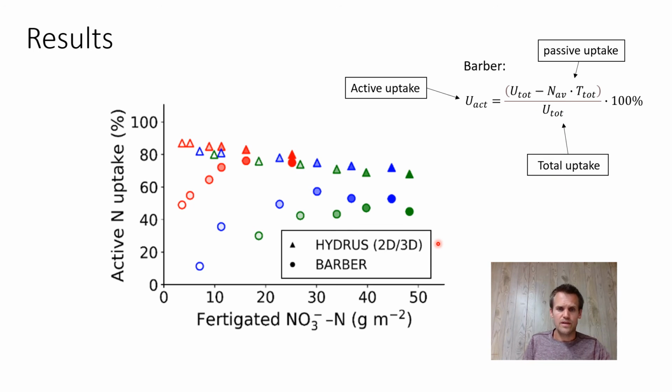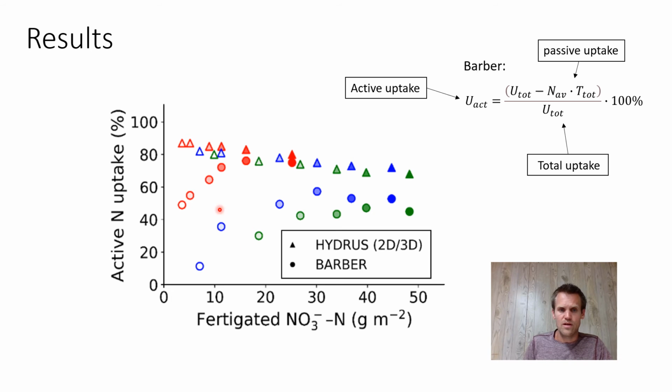And so if we calculated that for the simulations, then we saw here that at the high fertigation range, it would underestimate the active uptake, and the active uptake it estimated would decrease with reduction in fertigation, so in a deficit zone.